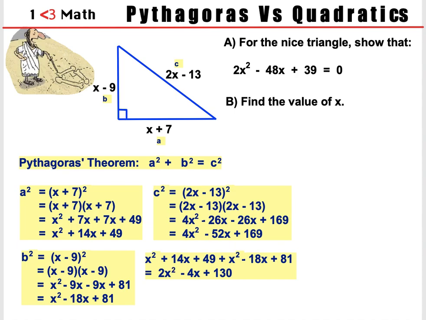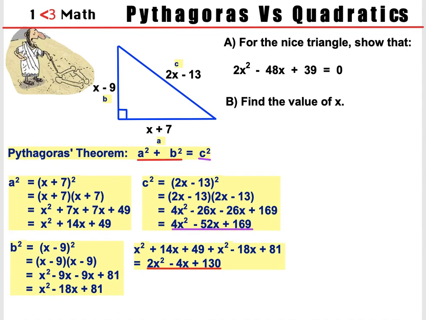Plus 14x minus 18x is minus 4x. Plus 49 plus 81 is plus 130. So we've worked out the value of a squared plus b squared. That's 2x squared minus 4x plus 130. Now we need to form an equation and say that a squared plus b squared equals c squared. So this is going to go as follows.